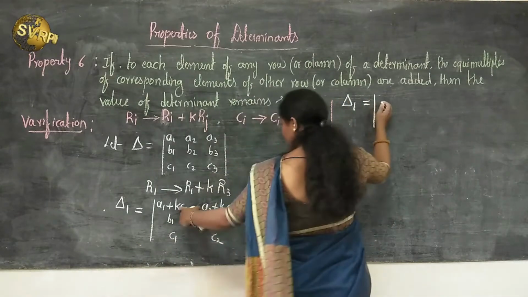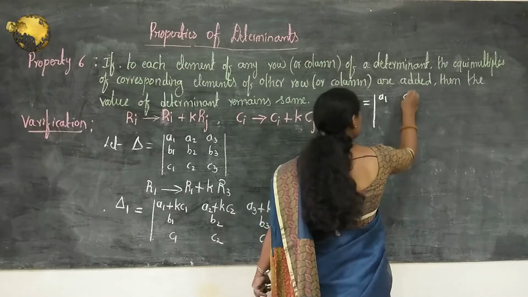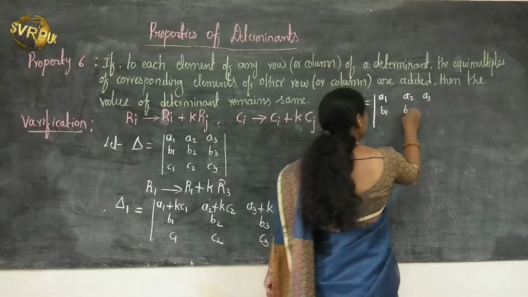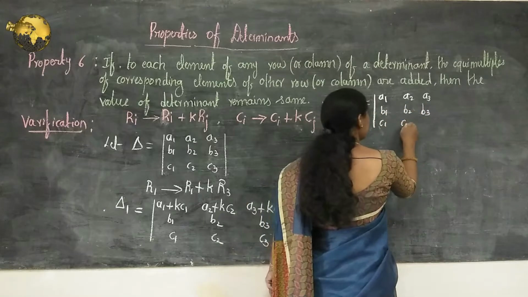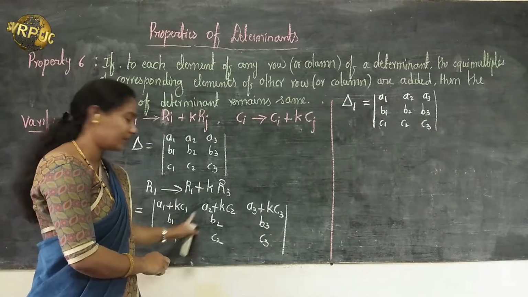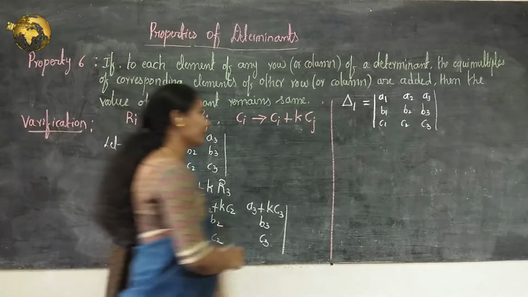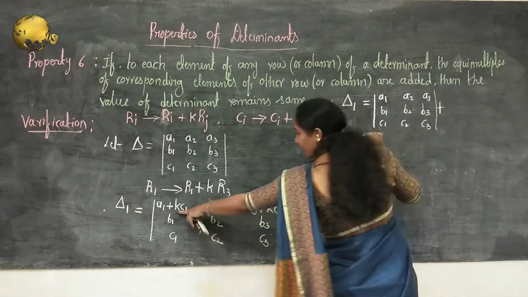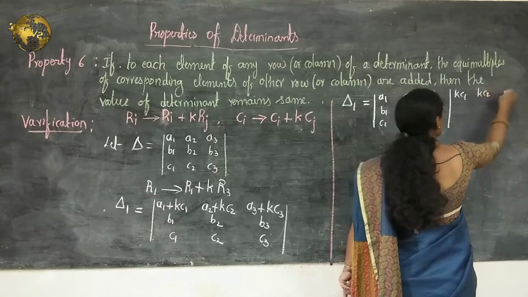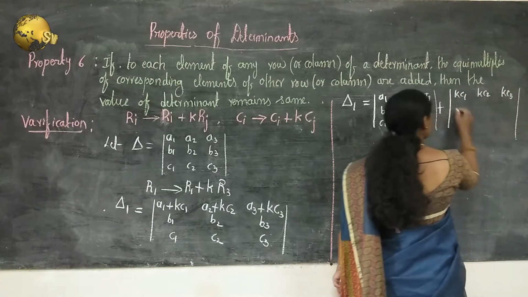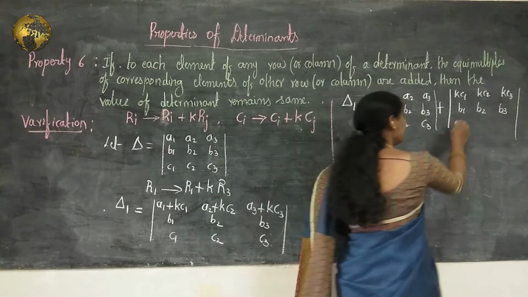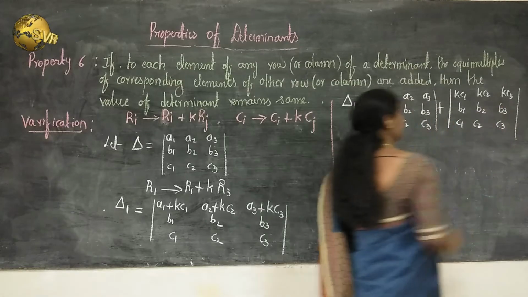So A1, A2, A3, B1, B2, B3, C1, C2, C3, plus KC1, KC2, KC3, B1, B2, B3, C1, C2, C3.